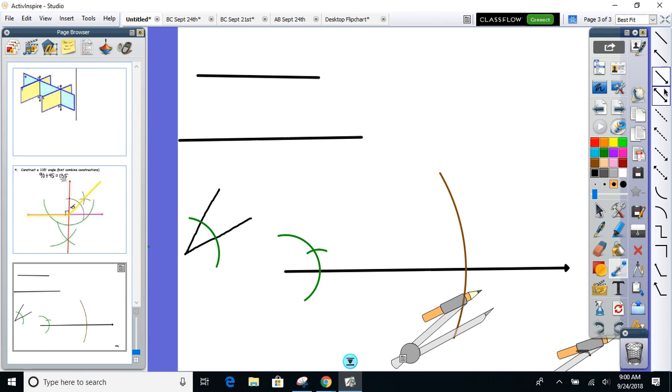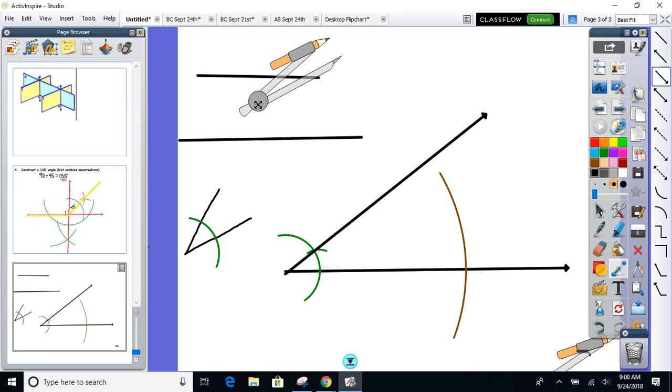I get my straight edge out and I make the other ray here. And then I have one more segment to copy, but I am not going to copy it onto the original ray because I already copied one of the sides there already. But where do I have room to copy this one onto? I don't want to copy it onto the original ray, the ray I just made with the angle.